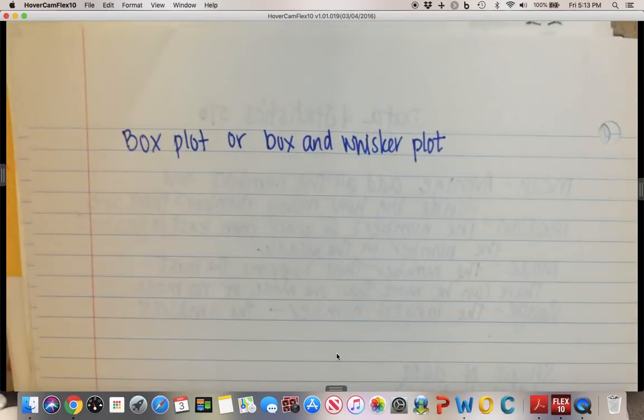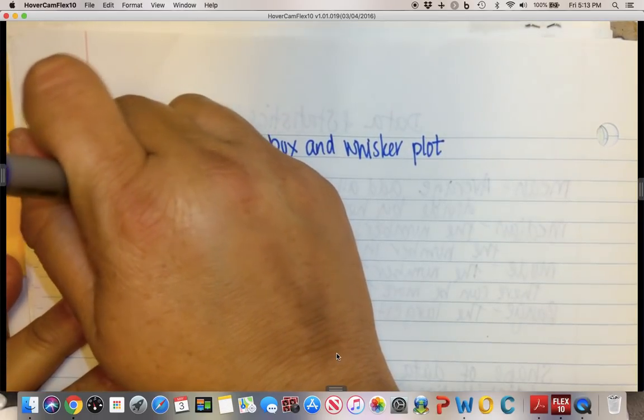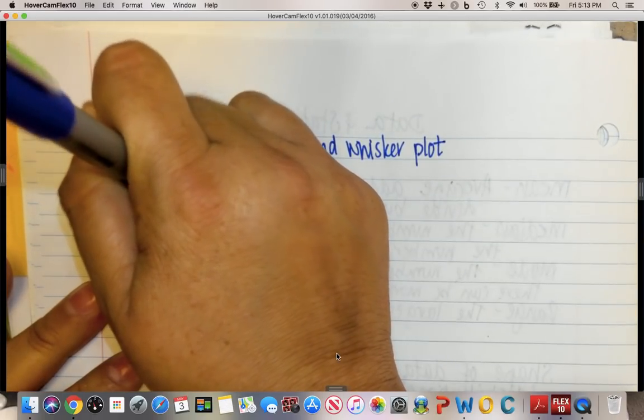And again, it is just a way of plotting data. I'm going to first start with an example and then show you what it looks like.